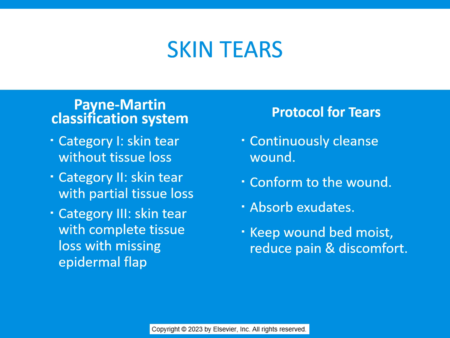A skin tear is considered a preventable and traumatic wound that occurs primarily in an older adult. Because of this, the Centers for Medicare and Medicaid do not reimburse institutions if a patient acquires a skin tear while being treated.